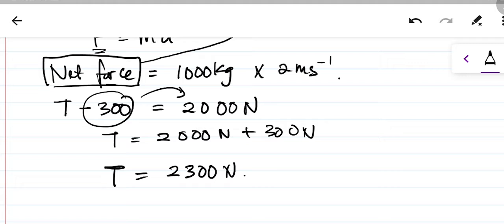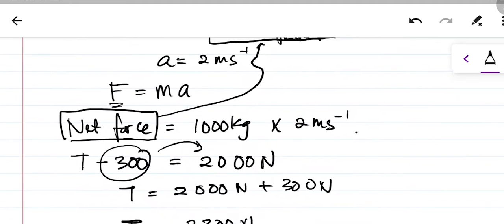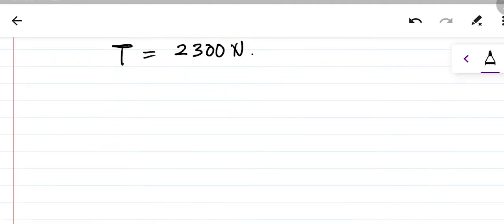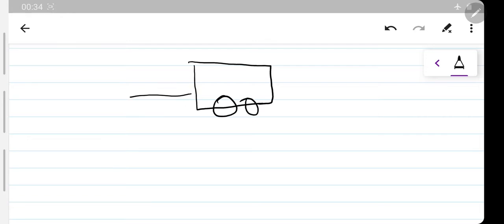Okay, let's consider the car from the car side. This is from the caravan just now. So now we go to the car. Now we analyze the second side, which is on the car side. Let's say this is our car, and this is the tension.